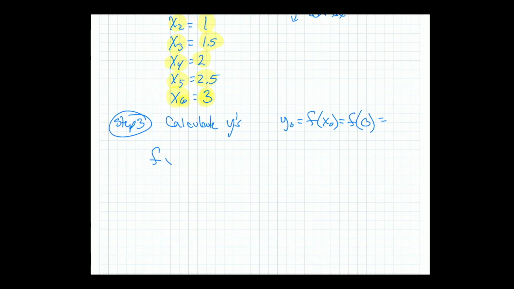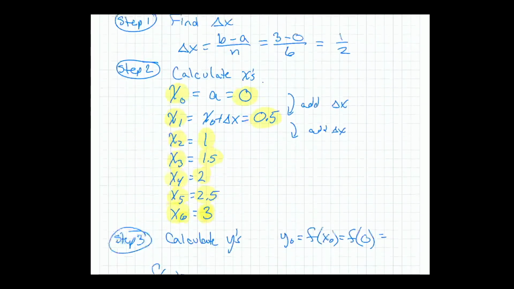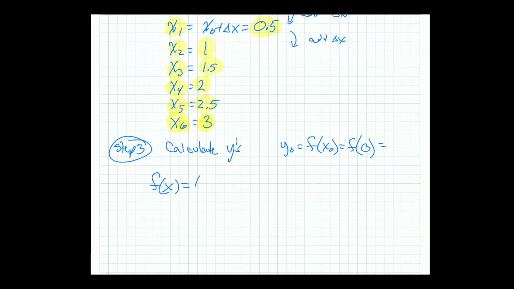The function is 6x squared plus 3x, the function you're integrating. So you plug in a 0, you're going to get 0. Y1 is going to be f of x1, which is 0.5. So I'm going to write this, but then I'm not going to keep writing these.